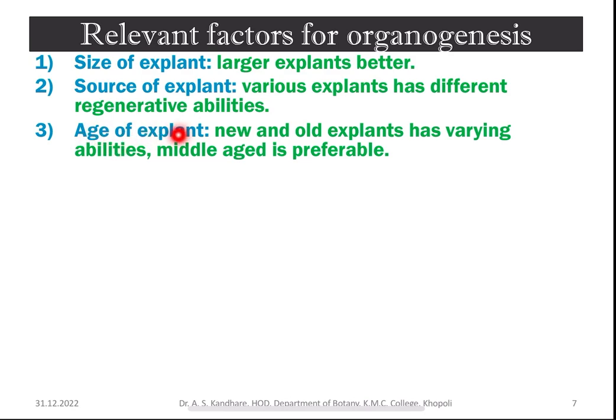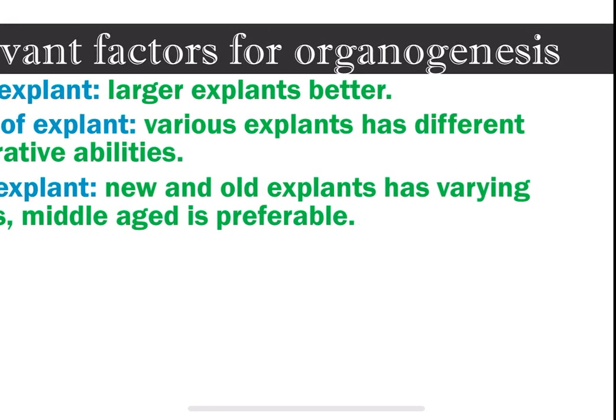Then age of the explant. New and old explants have varying abilities. Middle aged is preferable. So here you can see that a nascent cell, or juvenile cell, that is a newly formed cell, is not that suitable for PTC. Similarly, the old cell or old cell explant is also not suitable.